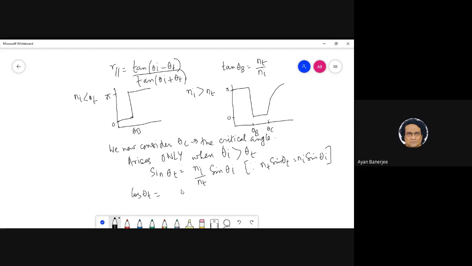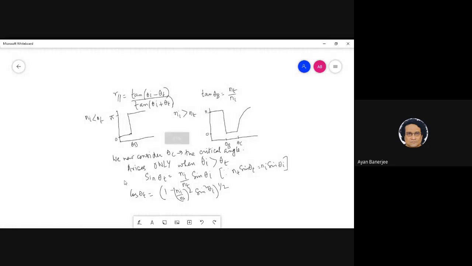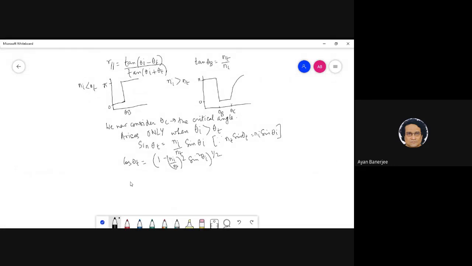Cos theta t is very clearly 1 minus (ni by nt) whole squared sine squared theta I, to the power of half, which is nothing but nt squared minus ni squared sine squared theta I, to the power of half, divided by nt squared.